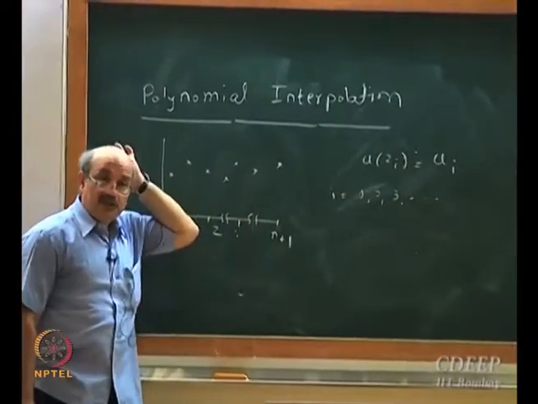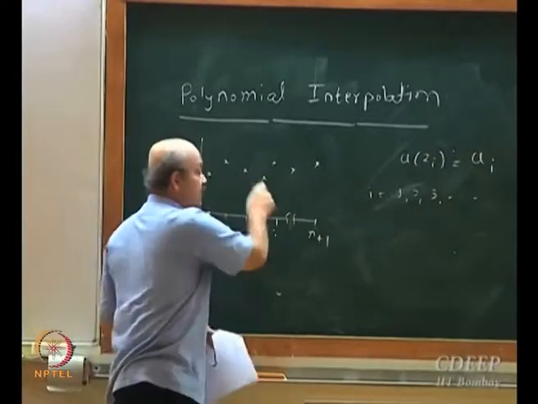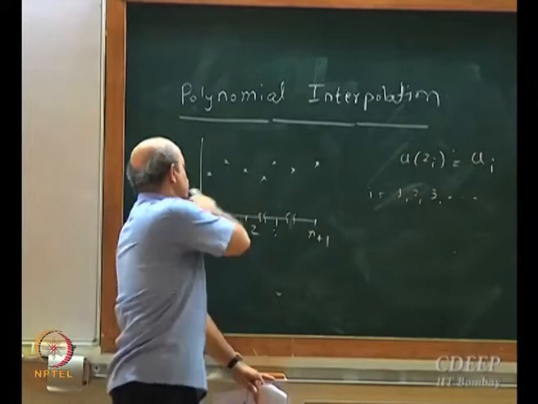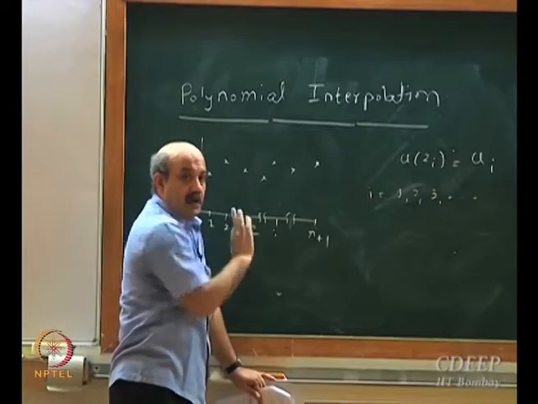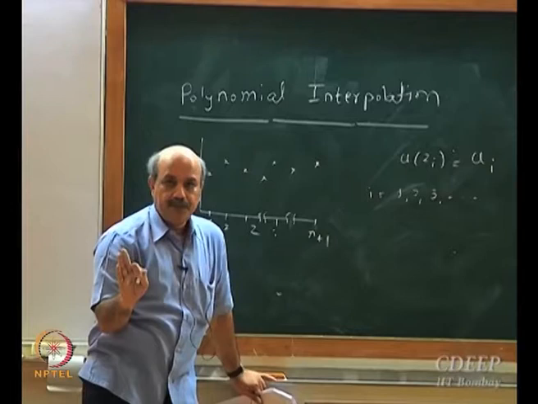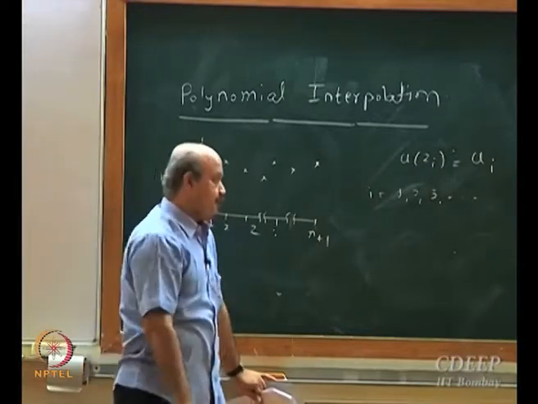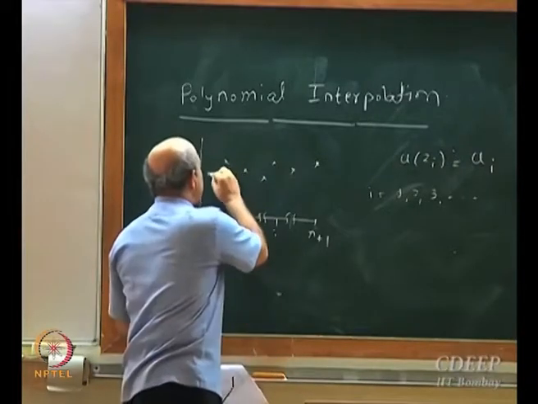Now what I want to do is construct a polynomial which passes through each one of them. I know this is a continuous function of independent variable z. By the Weierstrass theorem I can approximate it as a polynomial function. I want to construct a polynomial function that passes through all the points.